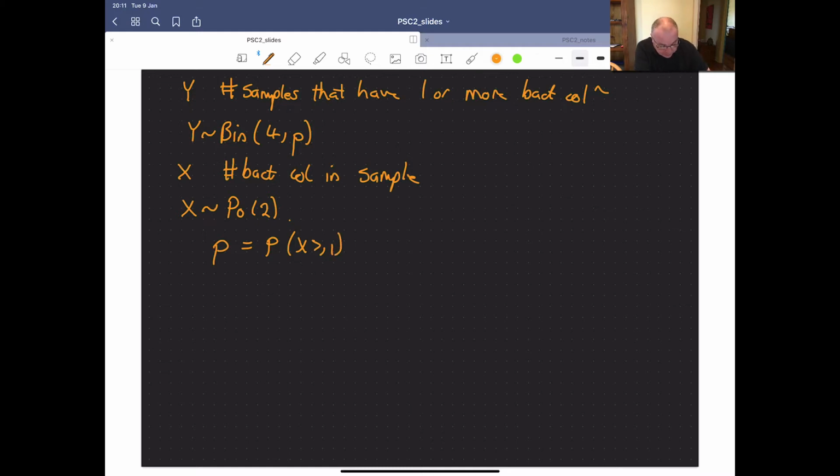So it's the probability that x is greater than or equal to 1, which is 1 minus the probability that x equals 0, which is 1 minus, because it's Poisson, we use the probability mass function for Poisson, e to the minus 2, 2 to the 0 over 0 factorial, and when I put that in, I got 0.86.